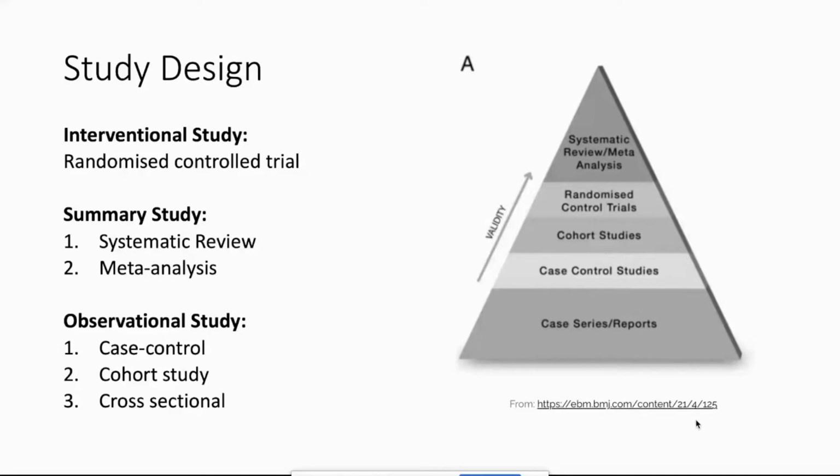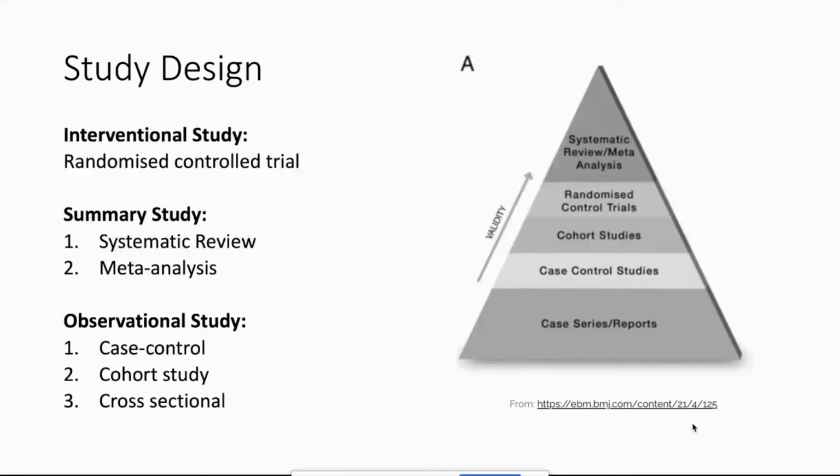However, above that, you have summary studies which combine many different randomized controlled trials, and this increases the statistical power. A systematic review is when you systematically go through the literature and gather the conclusions from different randomized controlled trials to see what evidence there is for a certain treatment, for example.